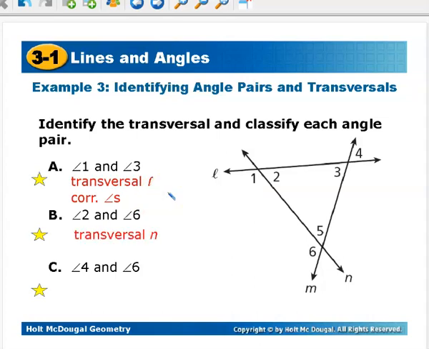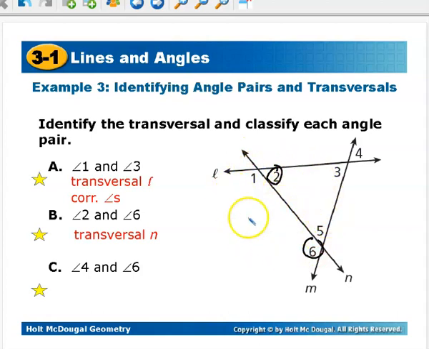Let's try the next one. We're looking at angle 2 and 6 here. And again, we're going to connect the vertices, which you already saw the answer to, which is line N for the transversal. Now the relationship between these is going to be alternate, because they're on opposite sides, and they're both in the interior of this set of angles.